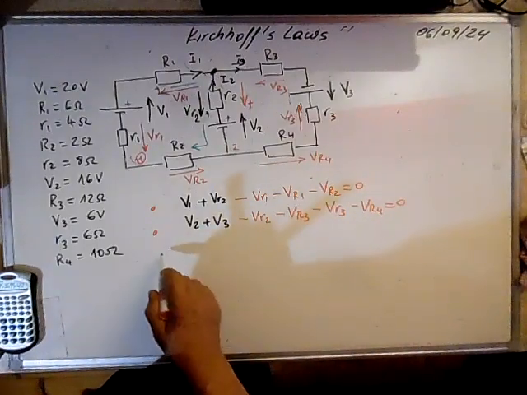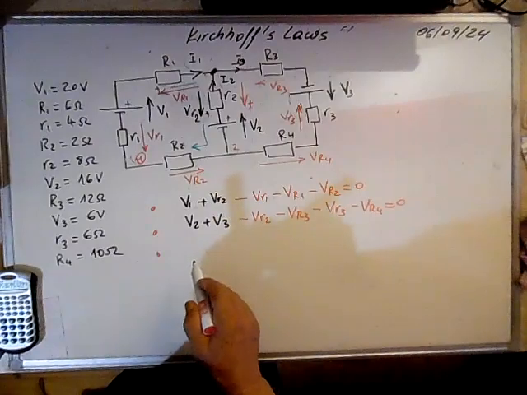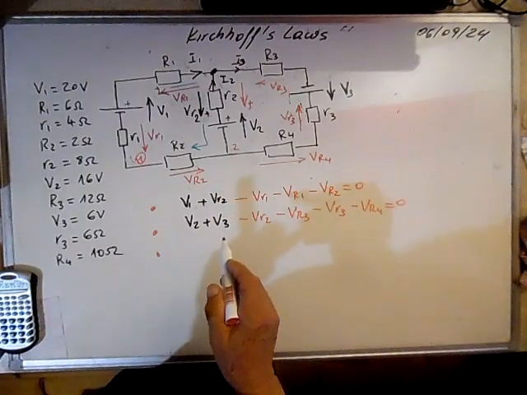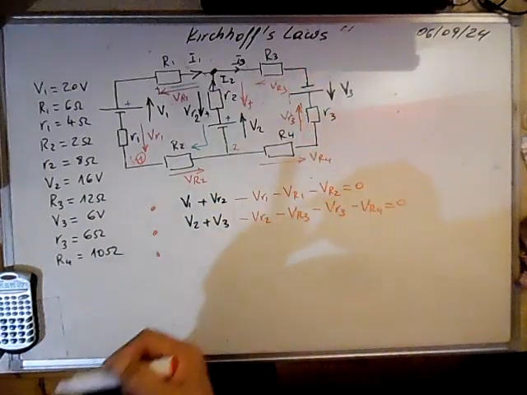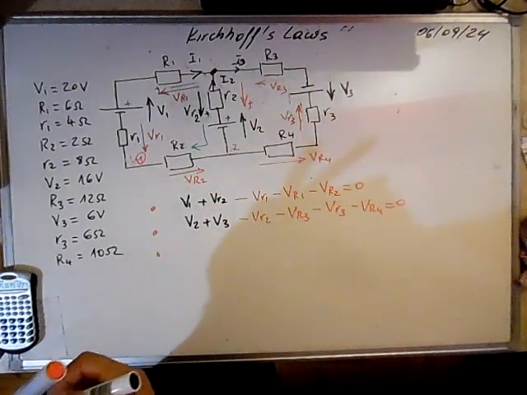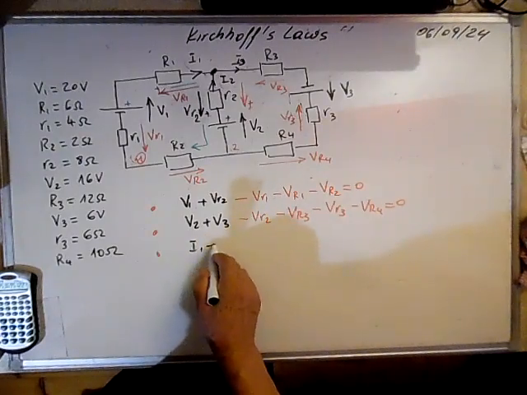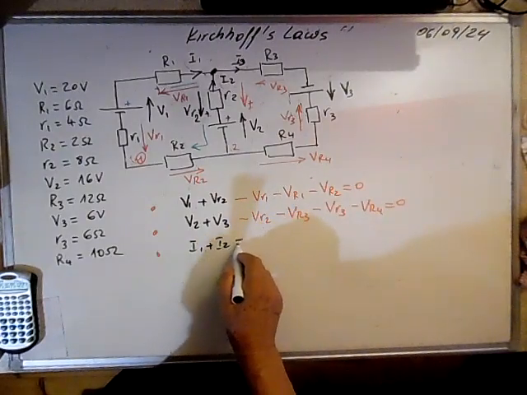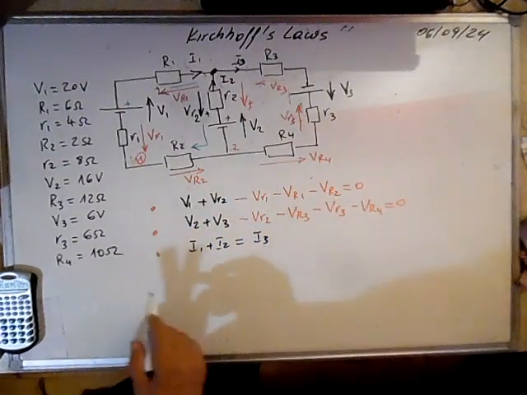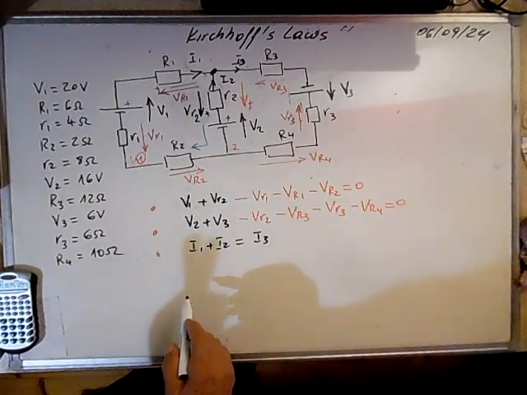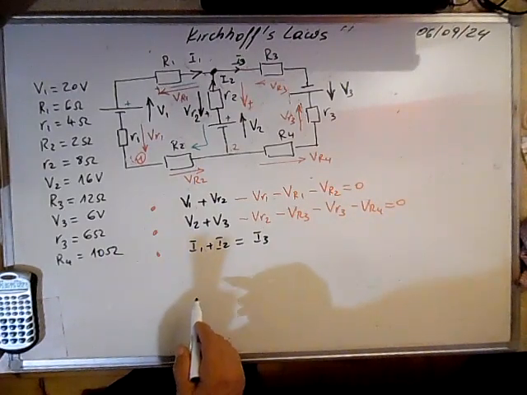This is the second equation, and in this node the algebraic sum of the currents should be 0. It means the currents entering should be equal to the currents coming out. So it means I1 plus I2 is equal to I3. Now let's take the first equation. Have we forgotten something?